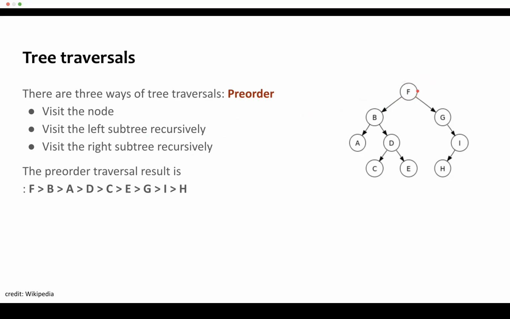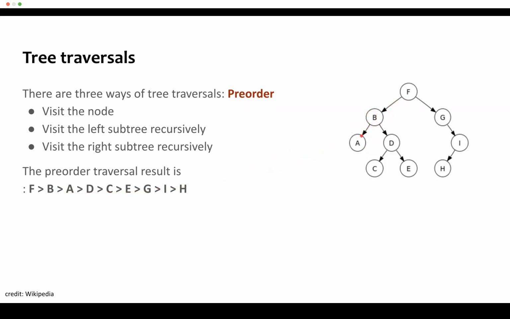So we are going to visit F first, and then go to the left child, that is B. And when we reach here, we do the same thing. We first visit B, and then we visit the left child, that is A. So that's why FBA comes here.